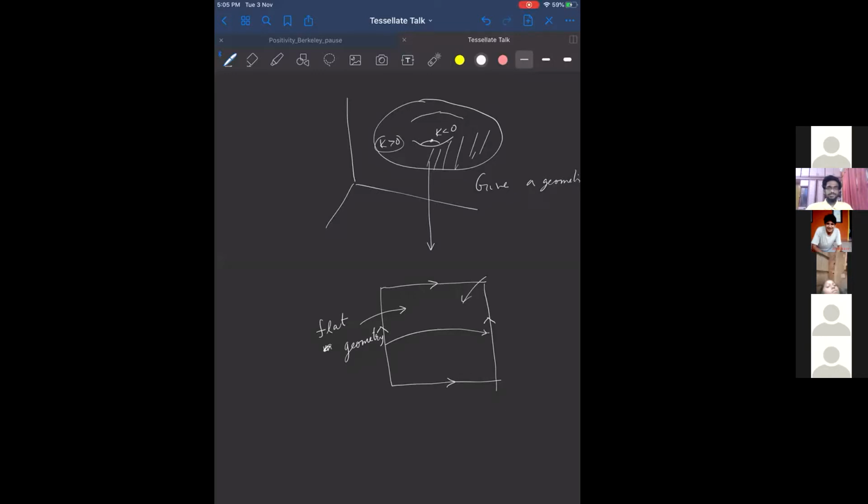This is actually a nice exercise if you want to think about it: you cannot have a closed surface in three-dimensional space which has zero curvature everywhere. It would have to lie on a plane. You can't have any other surface. But it turns out that this flat torus, you can actually put inside four-dimensional space.